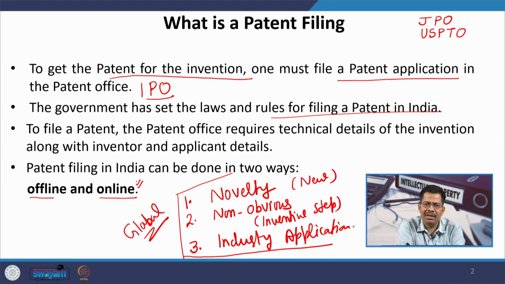In that case obviously this becomes a major resistance for filing the patent. But I want to say that these days there is a significant reduction in the charges of attorneys also, and many of the services have become so standardized that you can take the help of attorneys without much worry of cost.